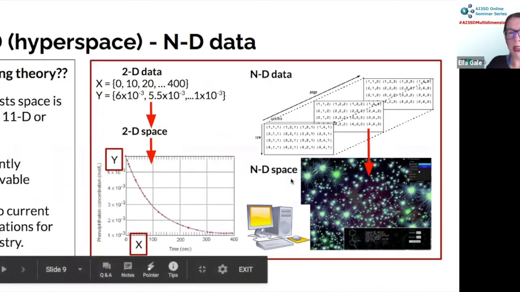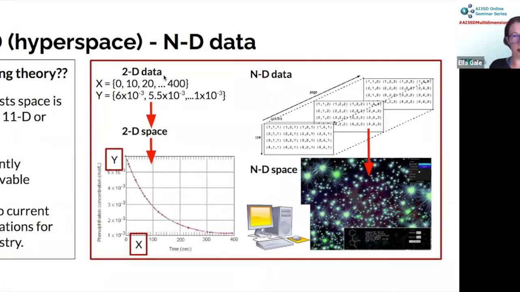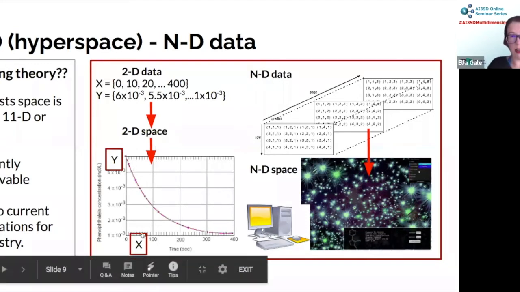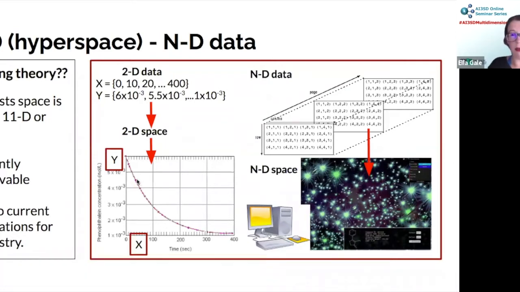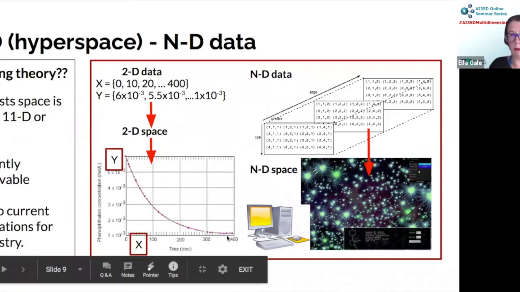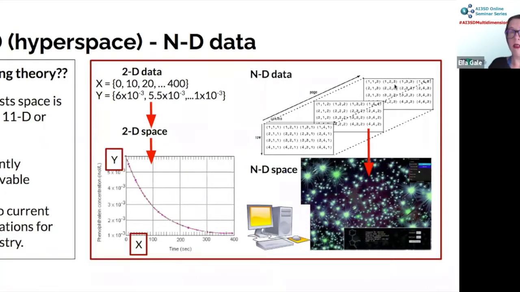So I'm quickly going to make a point that might be quite obvious, but it's worth repeating. So if we have two-dimensional data, so x and y, we can plot that in a two-dimensional space. So each data point, each point in the space has an xy coordinate, and we're saying where the data is in that space. That's quite obvious. When you get to multidimensional data, we can do the same thing.